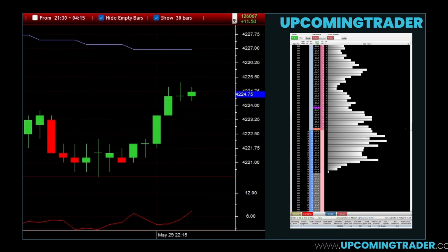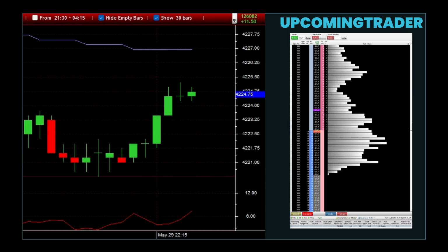Intraday TPO charts, such as those using 30-minute or hourly intervals, are ideal for day traders who need to make quick decisions based on short-term price action and value shifts. You might find that one time frame works better for you depending on your trading style, and it is often useful to compare multiple time frames to get a clearer sense of the market dynamics and validate potential trade setups.